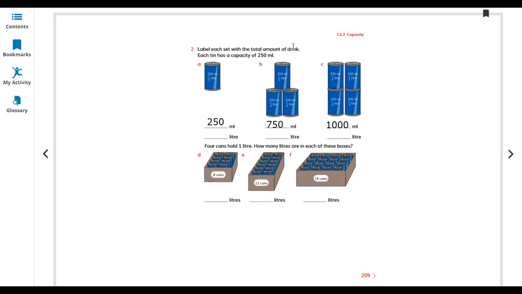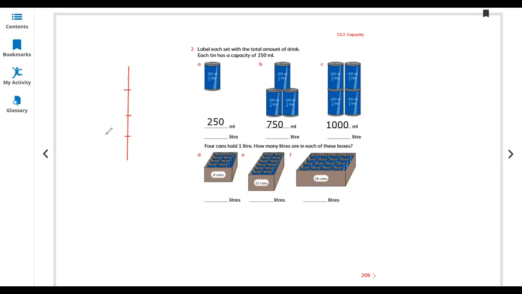So let's start writing in liters. If 250 milliliters, in 1000, we have 4 quarters. For example, there is a line, this represents 1 liter. So we are making 4 equal parts.